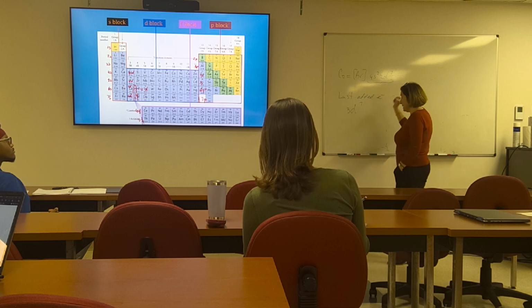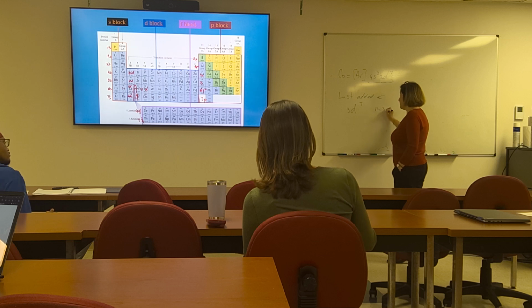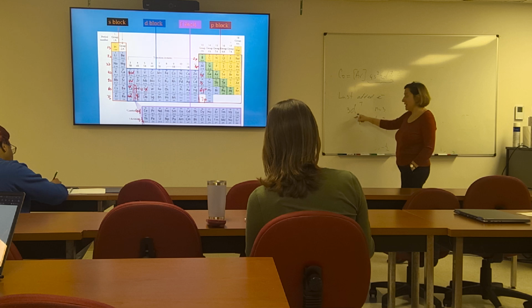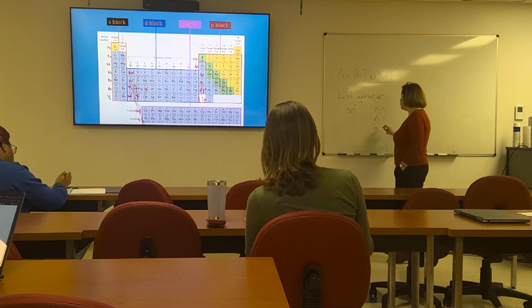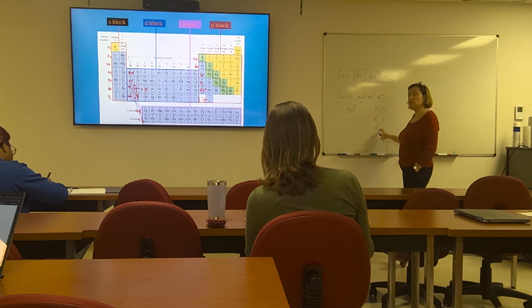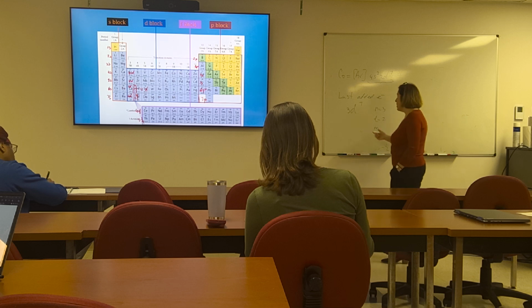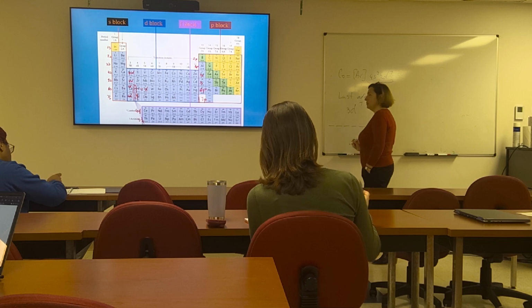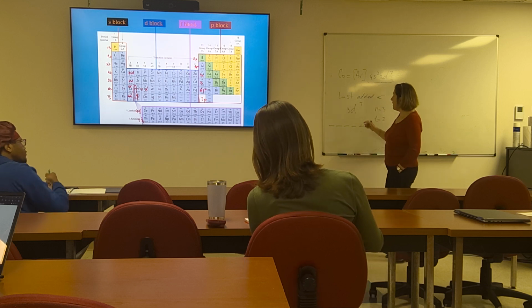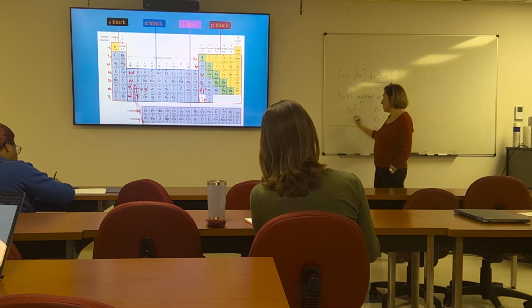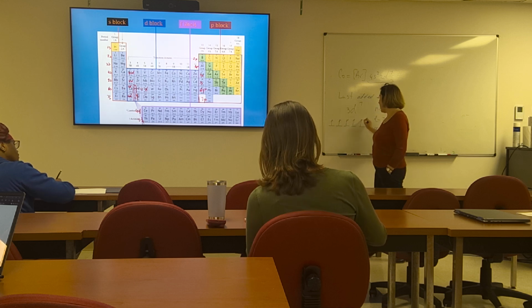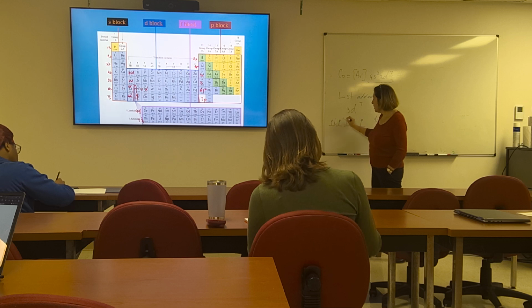So how am I gonna write this? So n equals 3, L equals 2, that's for the 3d. To be able to detect what m I need, I have to draw the lines, I have to do the diagram. So d orbital comes in a set of 5 lines, right? And then I'm gonna have to put the 7 electrons. So I have 1, 2, 3, 4, 5, and then 6, 7.